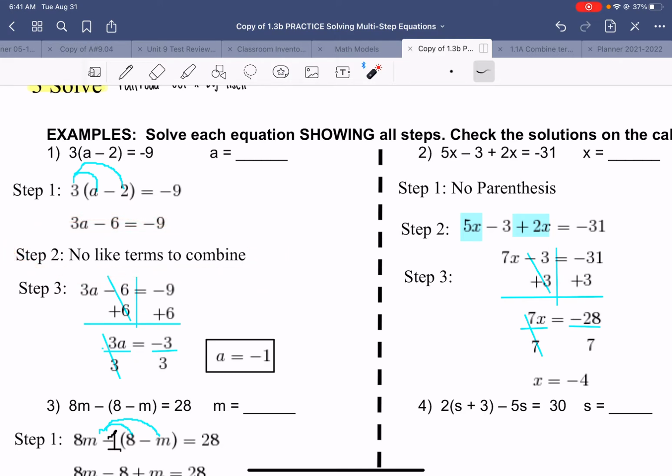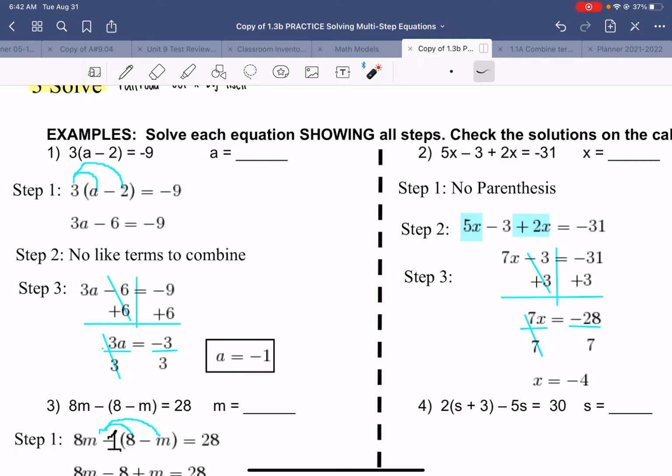So 3a minus 6, both of those are in simplest form, and then equals negative 9. Negative 9 is on the other side of the equals sign by itself, so there's nothing to combine. Now we're solving, okay? This is when you do your railroad tracks, do the opposite sign, and then you divide by that coefficient. a gets you negative 1.